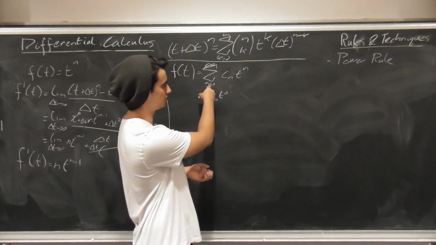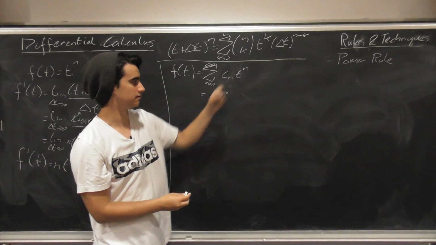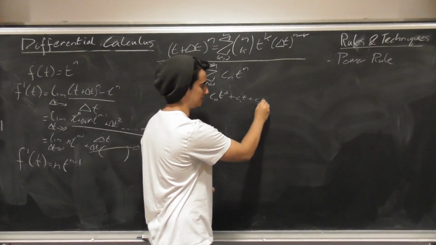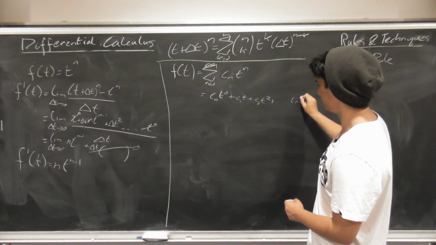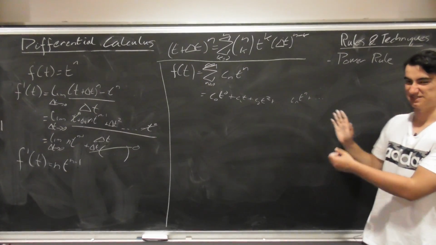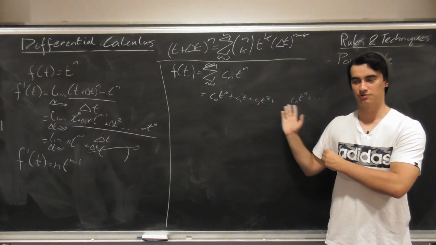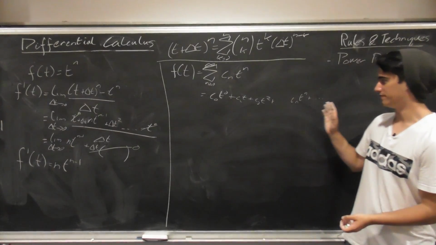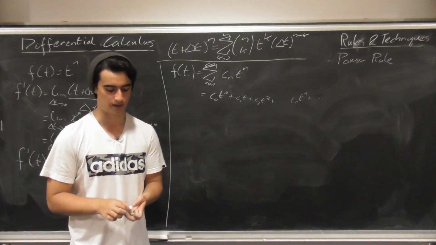Please remember our first term to sum is n equals 0, so c0 t to the 0 plus c1 t plus c2 t squared plus and so on, to some cn t to the n and then on to infinity. And what this basically means is it's any polynomial, anything that you can represent as a constant times t to the power n. So it's some polynomial of however length, we don't really care.